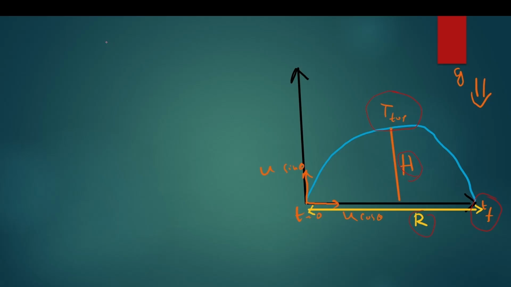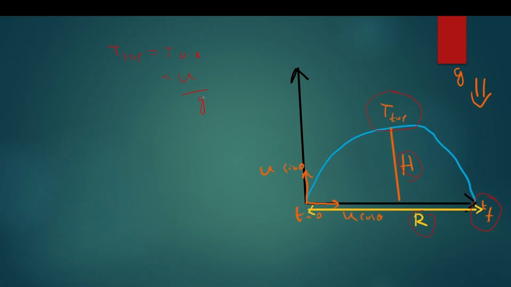Okay, so from the earlier equation of the vertical motion that we have done, we know that t top, equal to the time of ascent, that is the time taken from here to here, is equal to u by g.